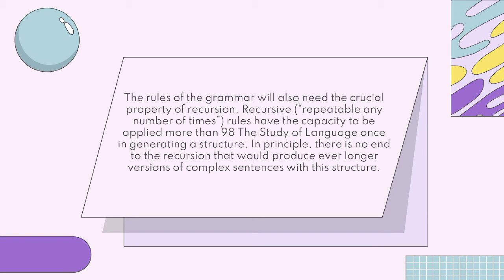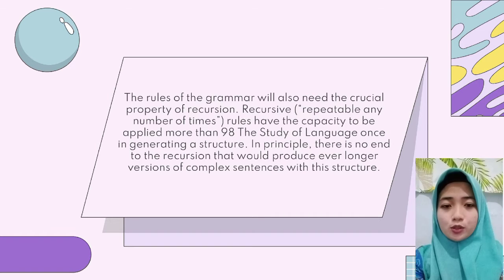The fourth topic is recursion. The rules of the grammar will also need the crucial property of recursion. Recursive means repeatable any number of times. Rules have the capacity to be applied more than once in generating a structure.